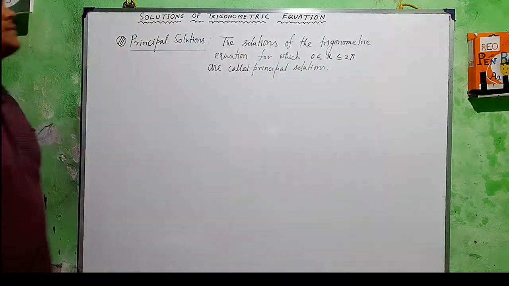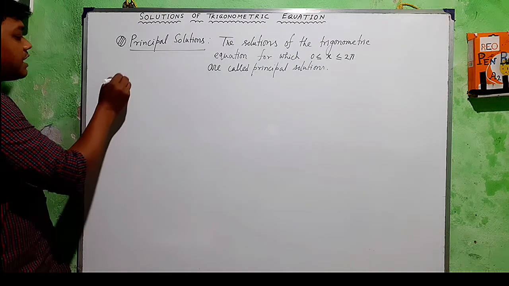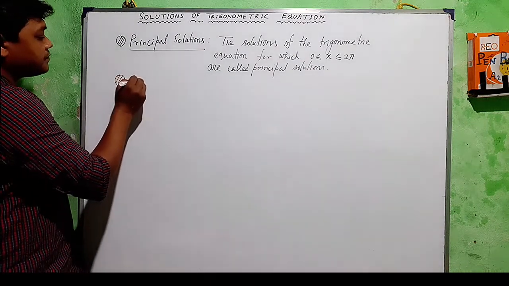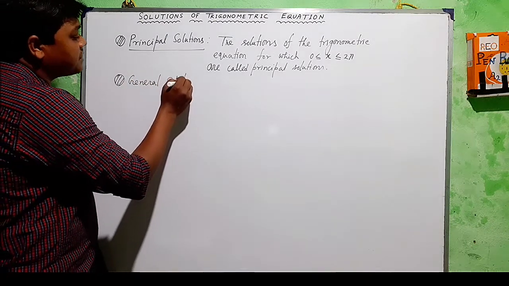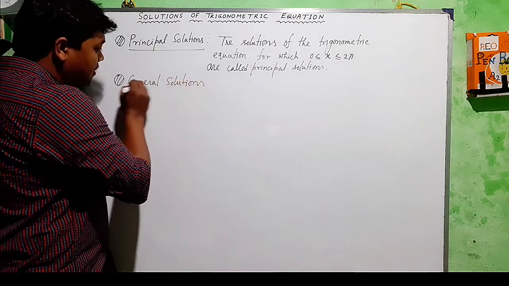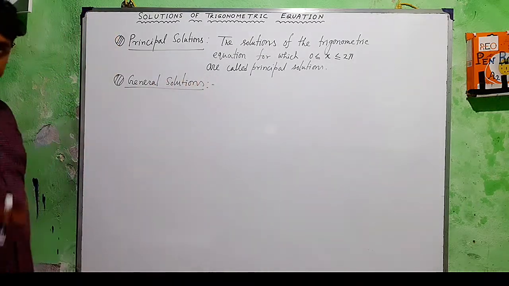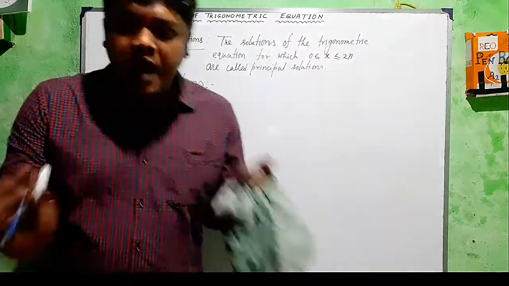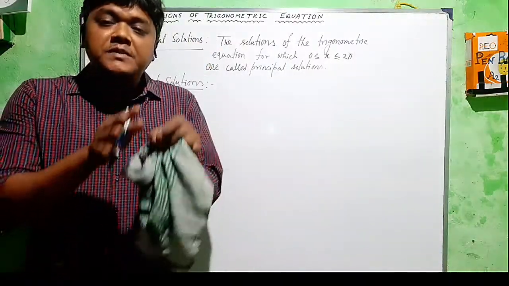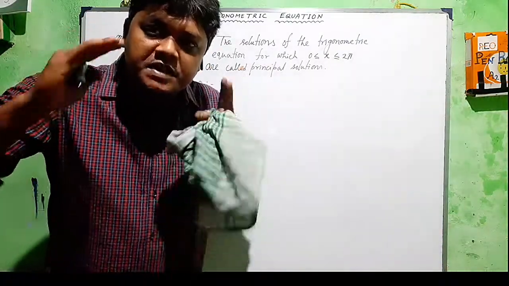So what about the general solutions? General solutions means after solving the equations, you get some value of x. That means x equals something, that expression is given to you.